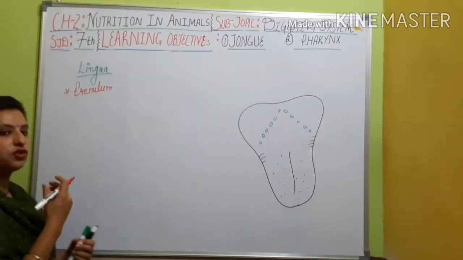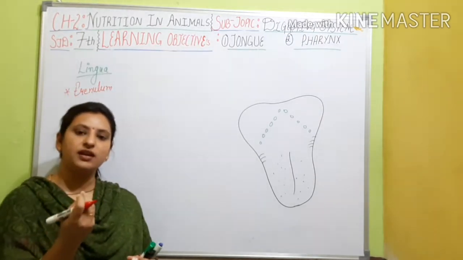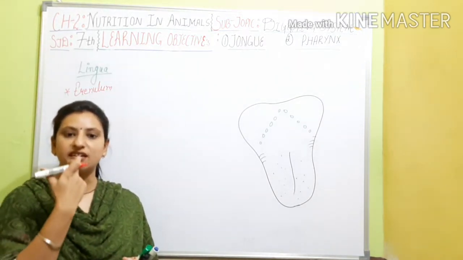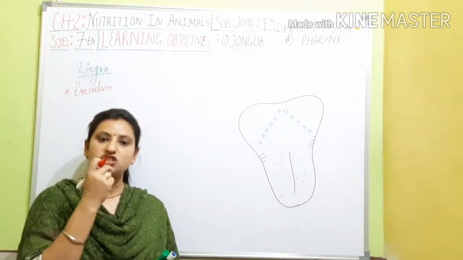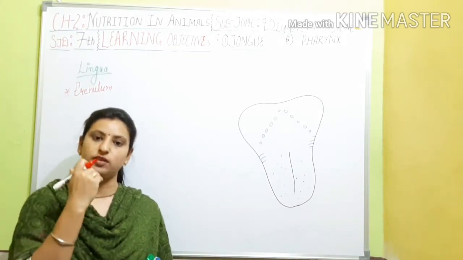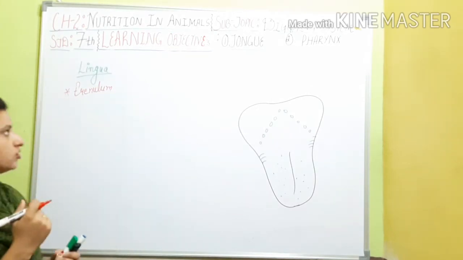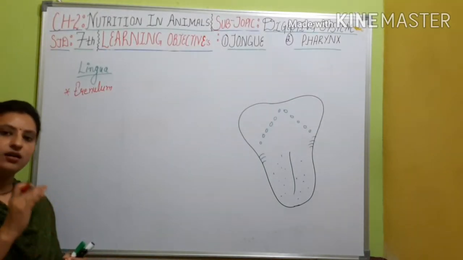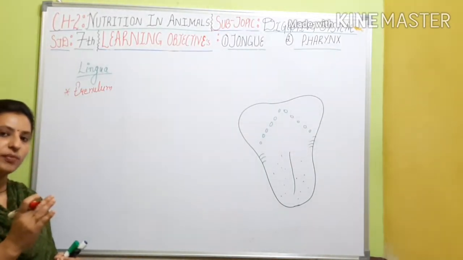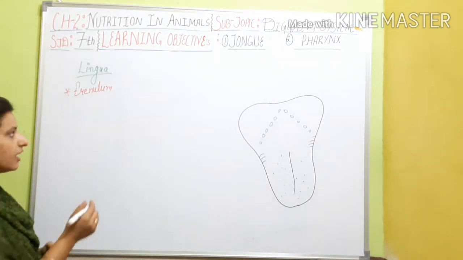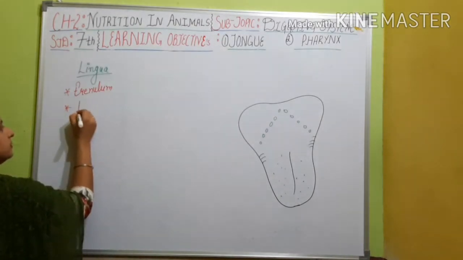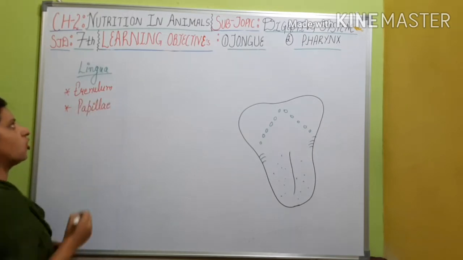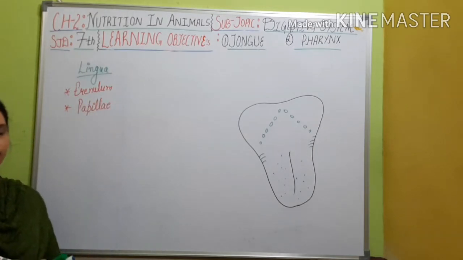If you look into the mirror and lift your tongue like this, you will see a slit, a tissue that is attaching the tongue with the floor of the buccal cavity. Also, this tongue has many projections and irregular surfaces on it, and they are called the papillae, also called the lingual papillae.